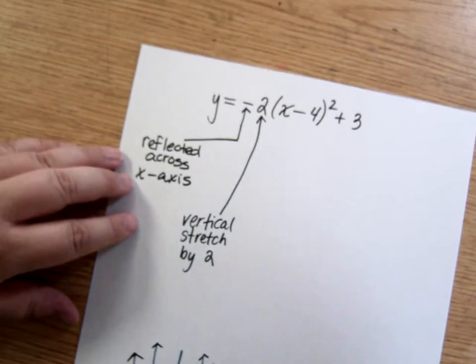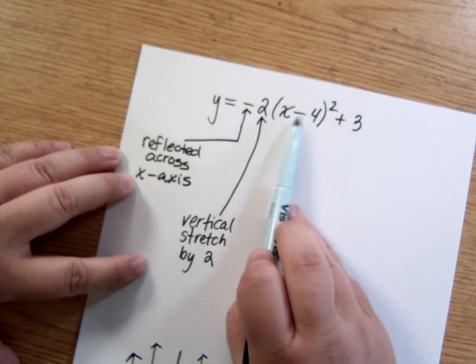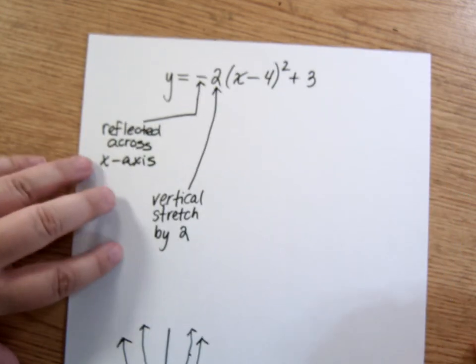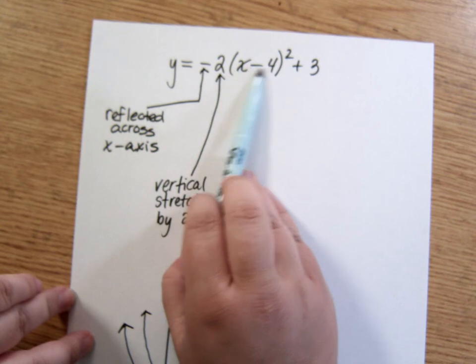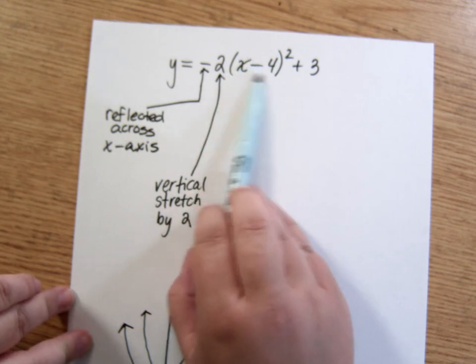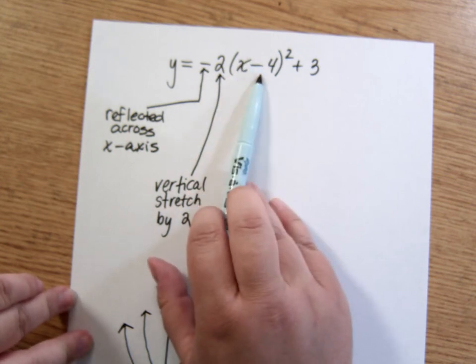Next we have pluses and minuses. Pluses and minuses are always translations or shifts. Sometimes we call it a translation, sometimes we call it a shift. If it happens with the x, since x is left and right, then that's left and right. So that's what we call a horizontal shift.